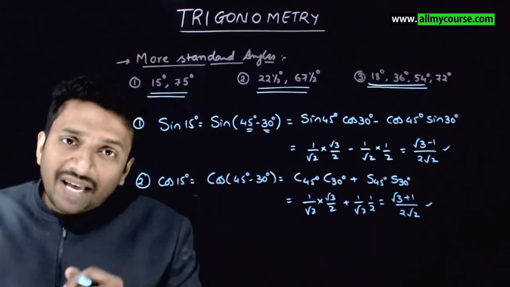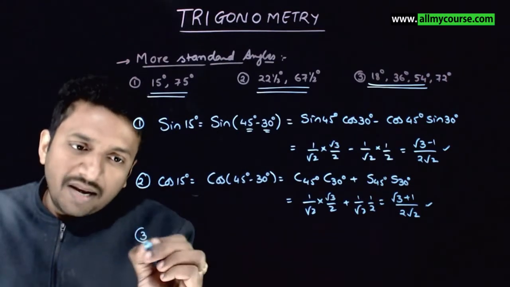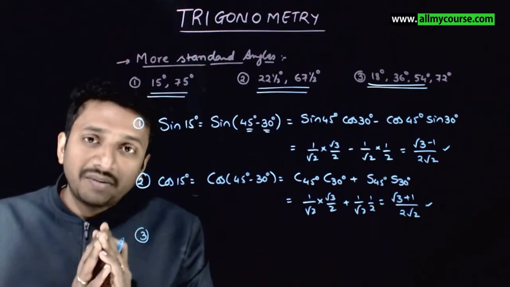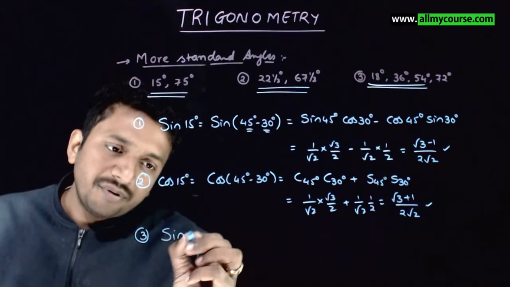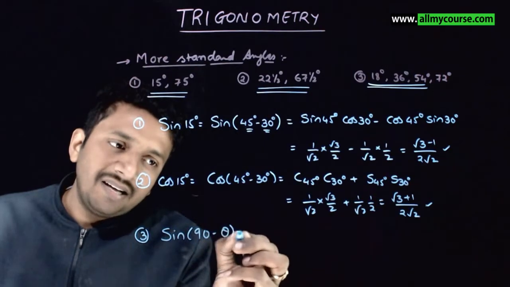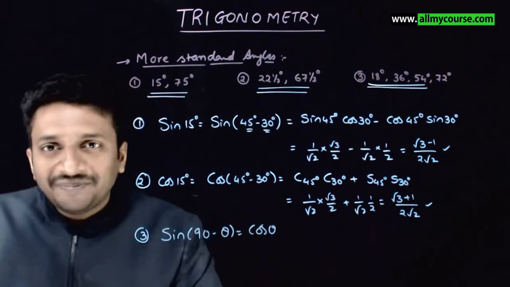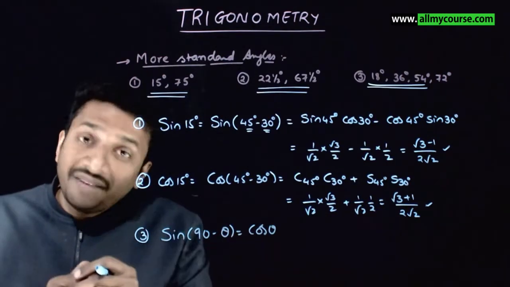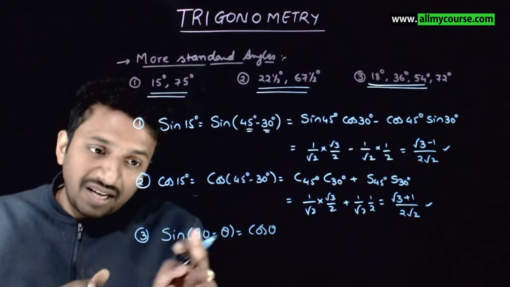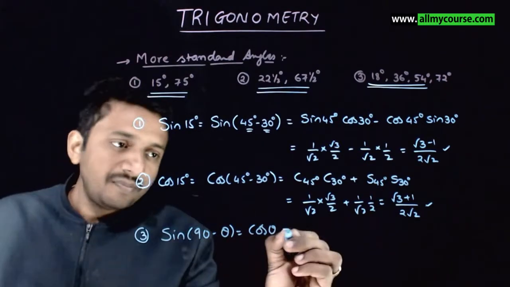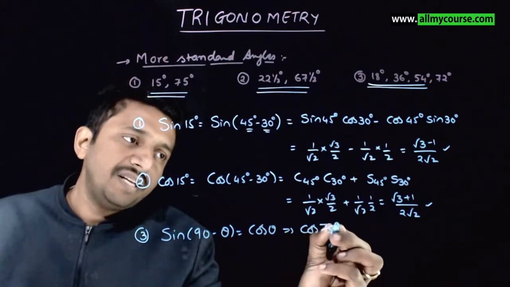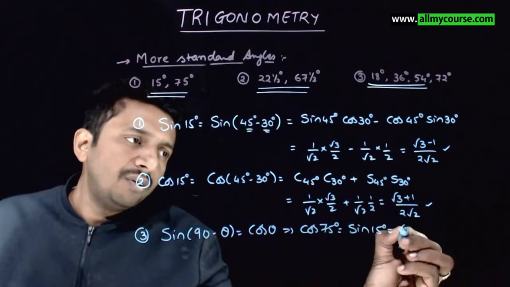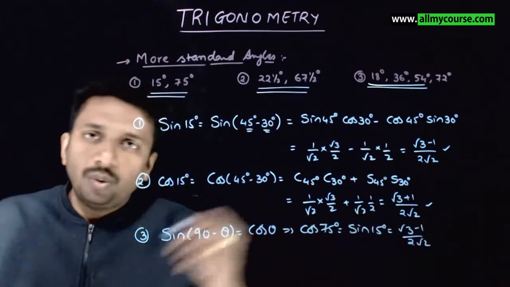Once you have sine 15 and cos 15, you can calculate the values for 75 degrees using compound angle formulas. We know that sine of (90 minus theta) is nothing but cos theta. So if you put theta equal to 75 degrees, cos 75 is nothing but sine 15 degrees, which is (root 3 minus 1) by 2 root 2.